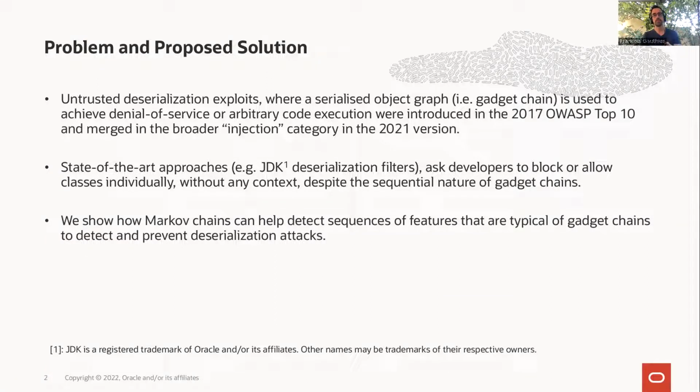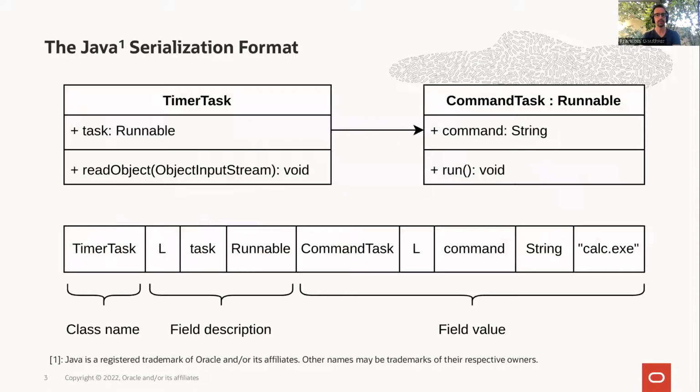What we found was that often it is the structure of the serialized object graph that defines whether a serialized stream is malicious or not. Each class taken individually is not inherently malicious or benign. So in this work, we show how we can use Markov chains to help detect the sequences of classes that make a malicious gadget chain, to then prevent deserialization attacks.